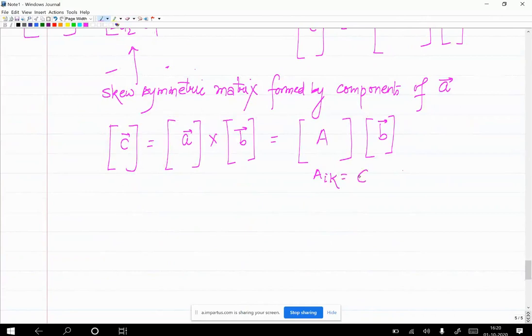Aik is equal to epsilon ijk aj. Okay. So basically, you can also realize cross product as matrix vector multiplication. But the matrix is now of this form. So I think some of you must have seen this.